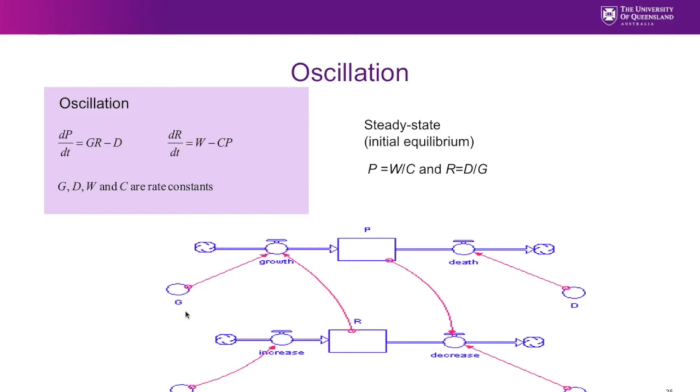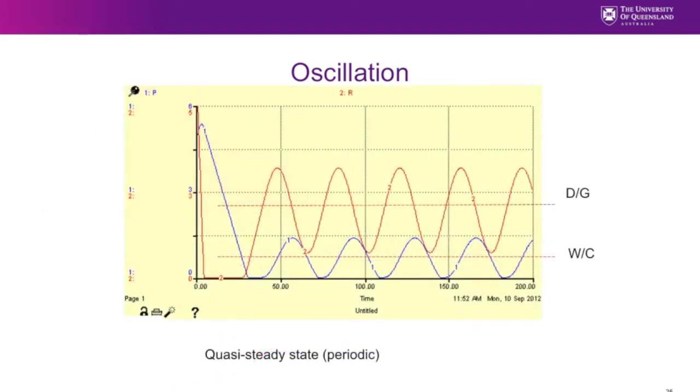Since we say that all these values are rate constants, they won't be constructed as equations. They just have a specific value. Okay. And this is how oscillation will look.